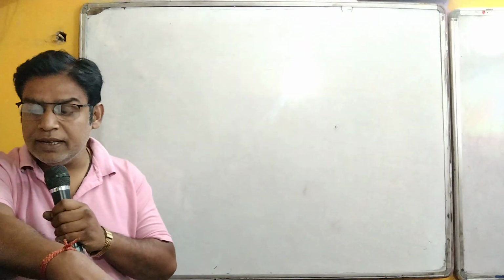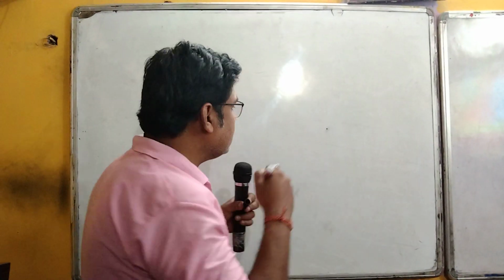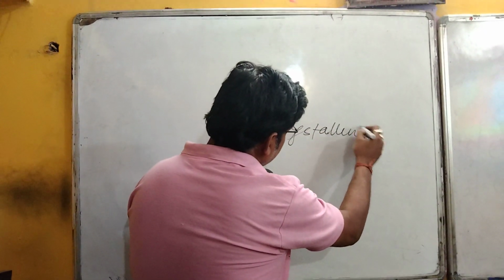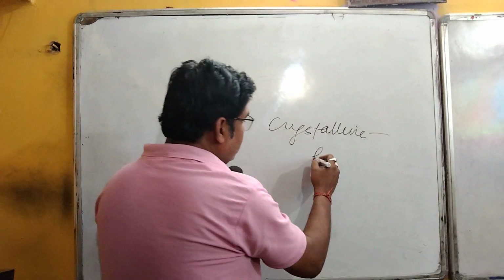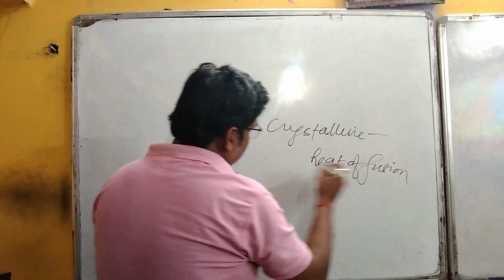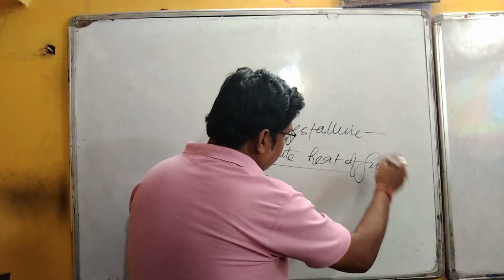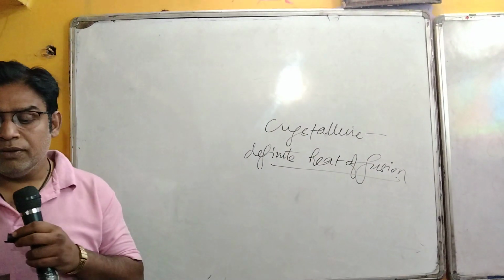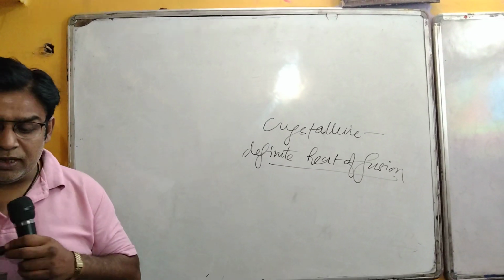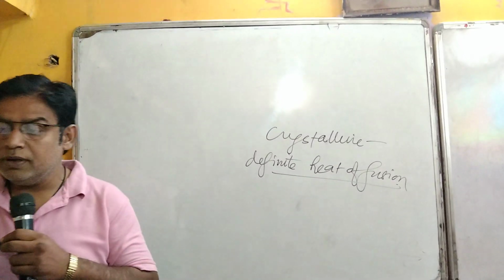Clear? This is the reason that crystalline substances have a definite heat of fusion, as I already told you. And amorphous solids do not have a definite heat of fusion.